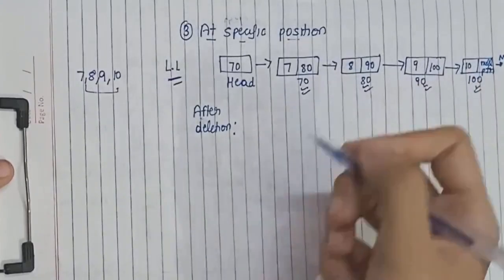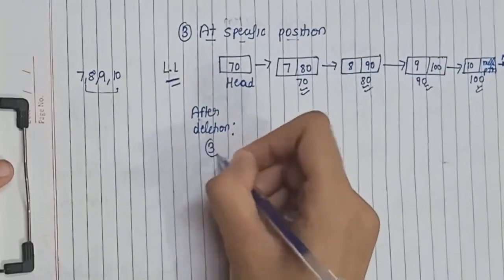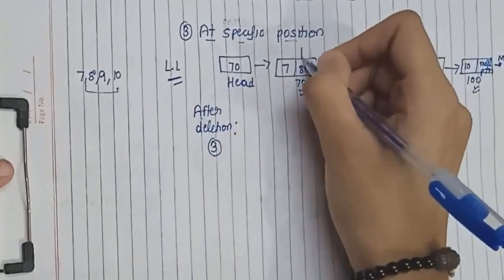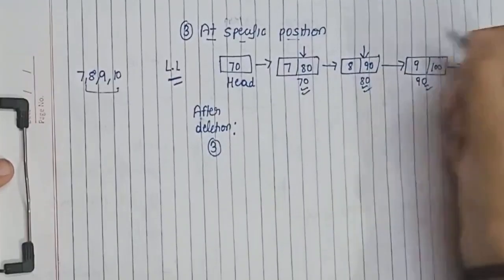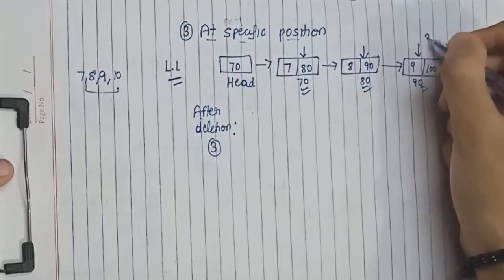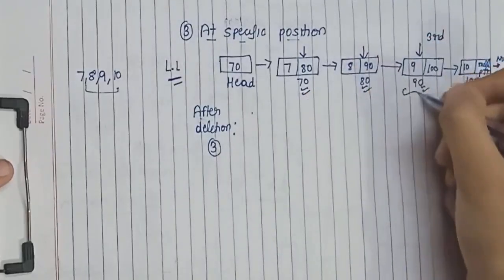So now let us say you are asked to delete the node at the third position. So let us say this is the first position, this is the second position, and this is the third position. So you need to delete the node at the third position.